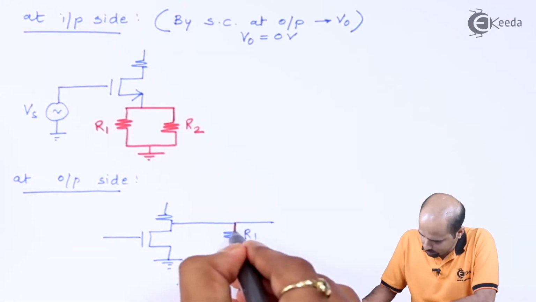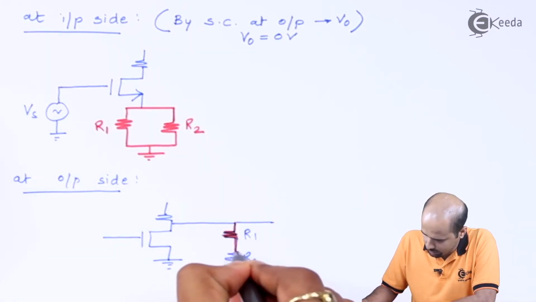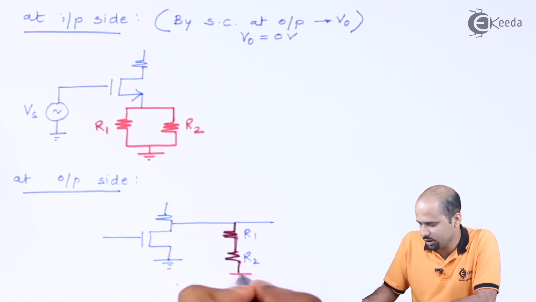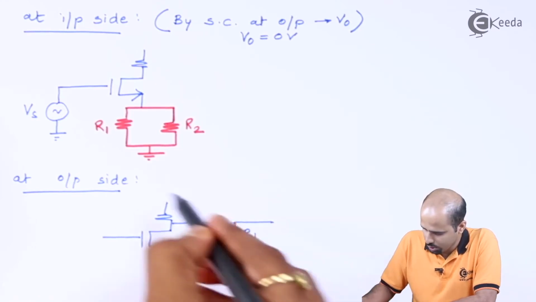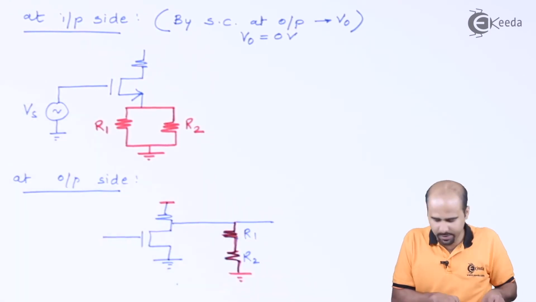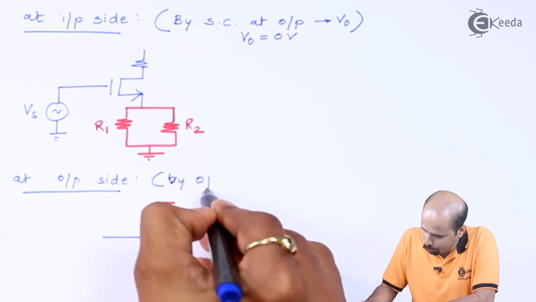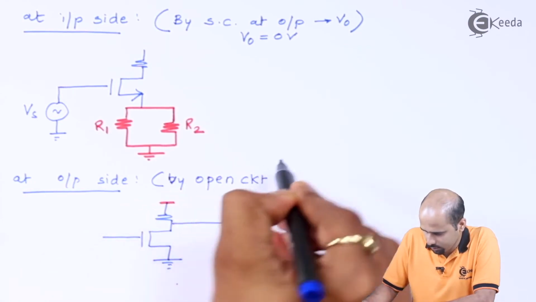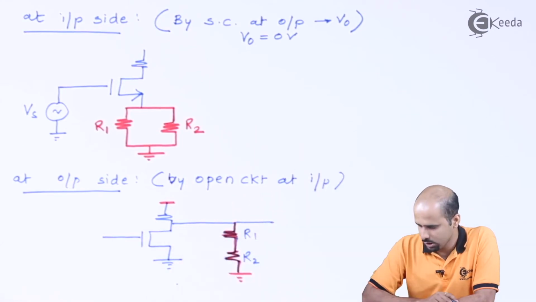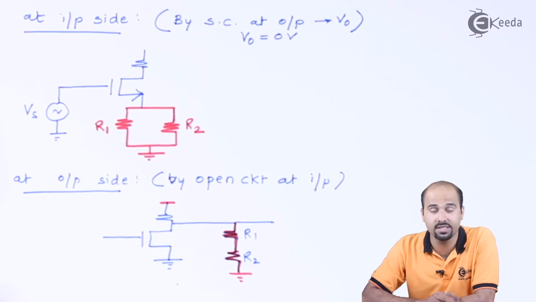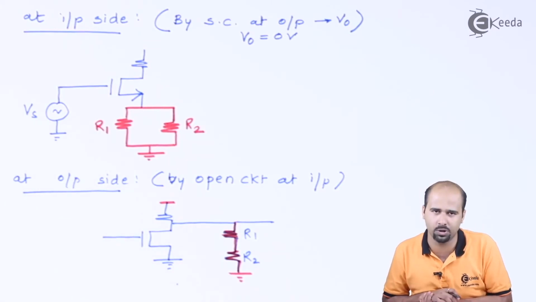I'll mark it with red pen so that you will get an idea that this is your modified output stage. And this has been done by open circuit at input. So I will open the source side of the first stage, then I will be getting the disconnection of the forward amplifier and the feedback block. So this is how we'll have to modify at the input side and output side.